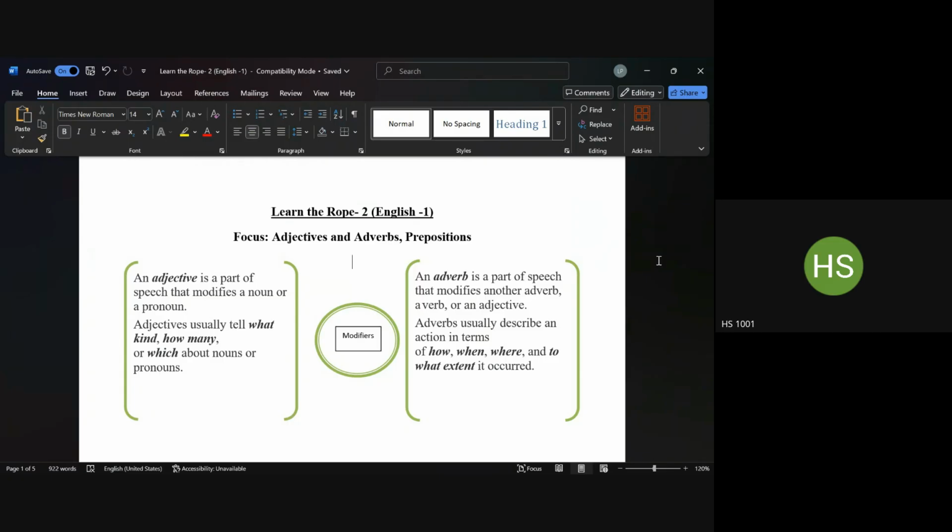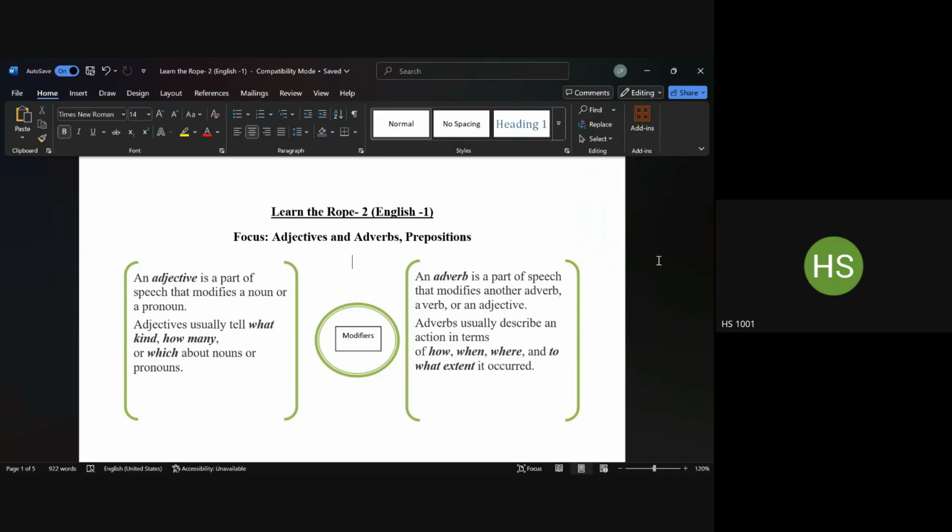It is doing exactly the same job as an adjective, except that it has more additions to it. While an adjective only modifies nouns, adverbs modify another adverb, a verb, or even an adjective, right?